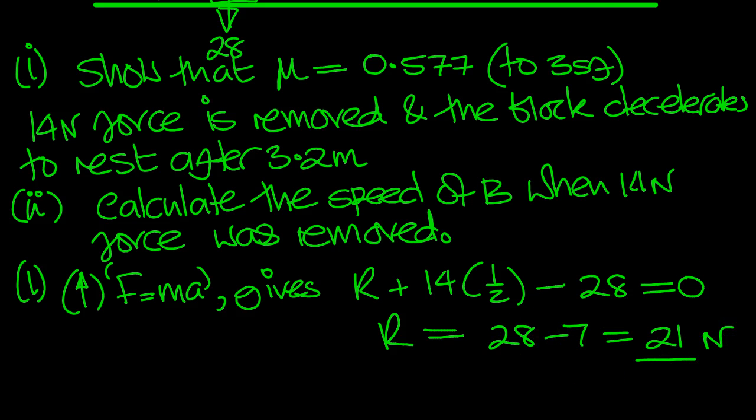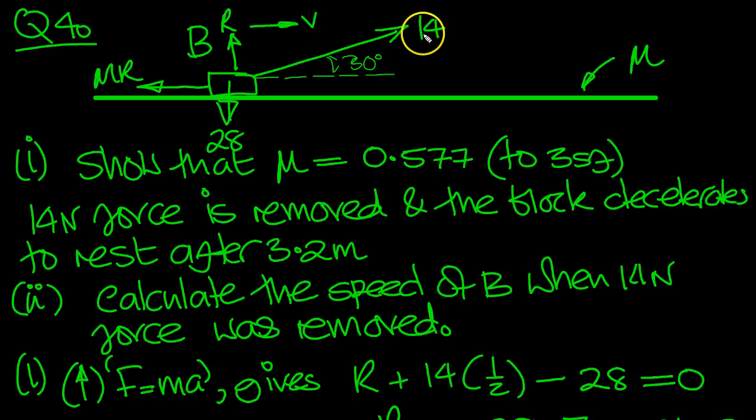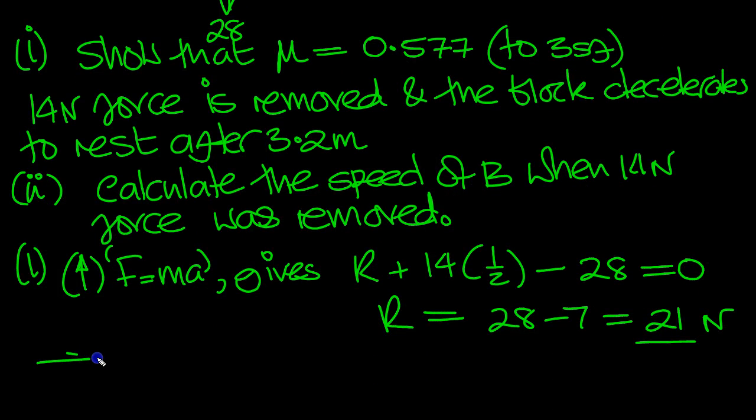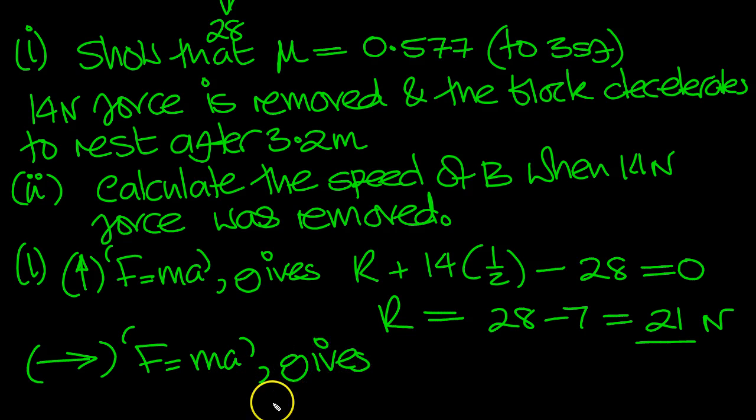Now horizontally, it's moving with constant velocity v, so horizontally the acceleration is 0. So apply F equals ma horizontally now then. There's no acceleration, so the resultant force is 0. We've got the 14 Newton force, cos 30, because it's inclined at 30, is root 3 over 2.